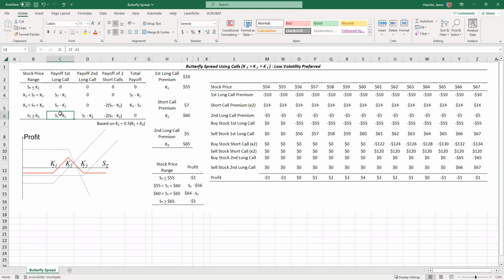And then at the end, when the stock price is greater than K3, the third strike price, 65, meaning greater or equal, this range here, everything gets exercised and they cancel each other out. You end up with that.